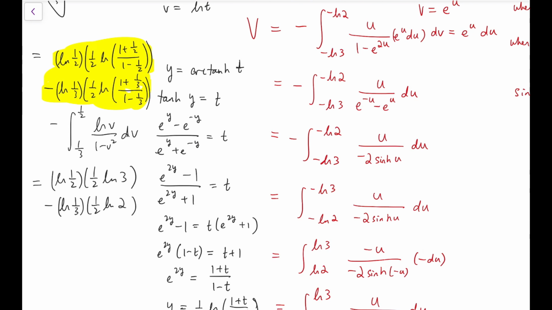And they will actually be the same, because log of 1/2 is just minus log 2, log of 1/3 is just minus log 3, and they are actually the same.